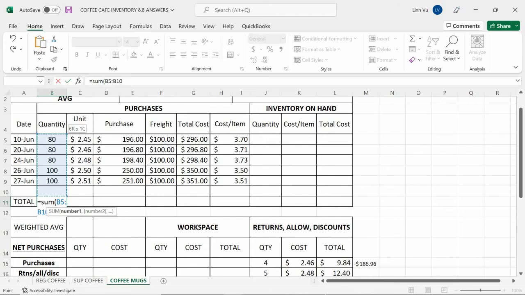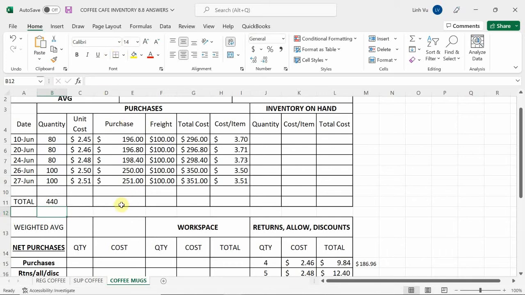Okay, 80 plus 80 plus 80 is 240, 340, 440. Yes, you purchased a total of 440. Okay.